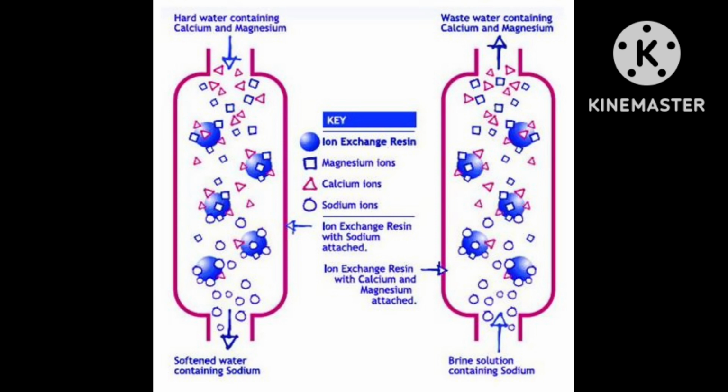The second method is the Calgon method. Calgon is sodium hexametaphosphate, Na6P6O18, commercially called Calgon.